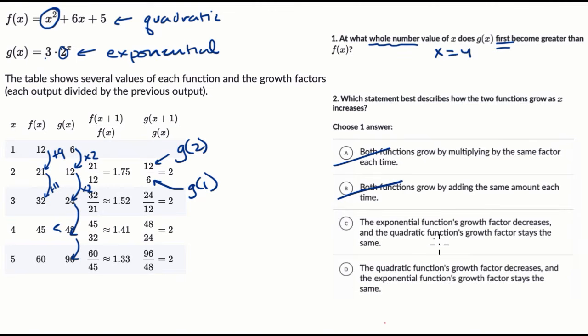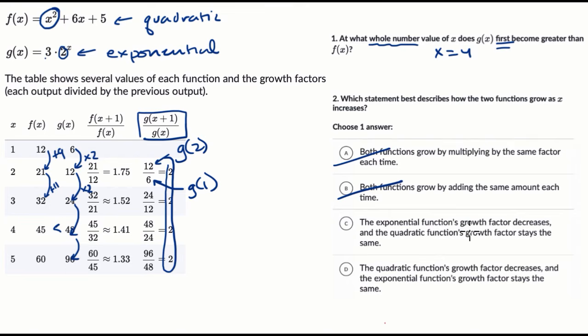The exponential function's growth factor decreases, and the quadratic growth factor stays the same. Well, the growth factor is what you essentially multiply each successive term. Or essentially, if you take, say, the second term divided by the first term, or the third term divided by the second term. And we see the exponential, their growth factor is constant. It's a constant 2.